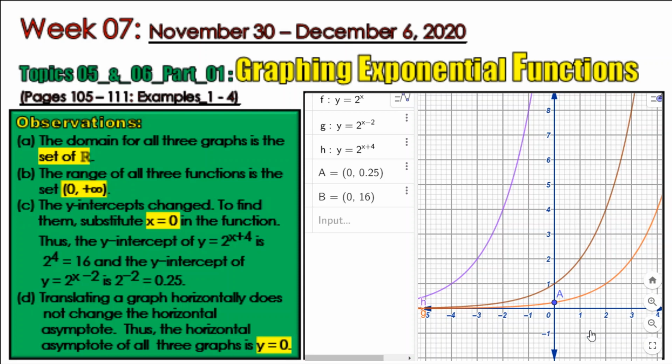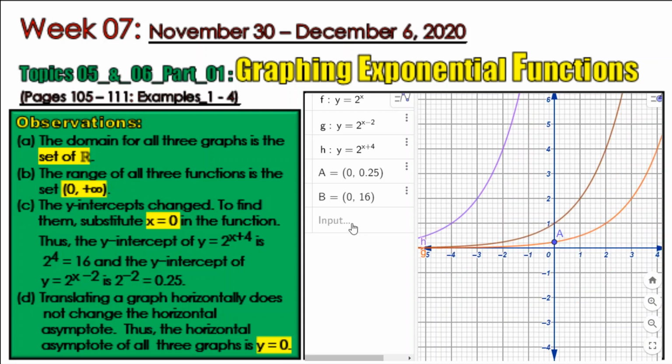So in this case, our horizontal asymptote is y is equal to 0. These 3 graphs would approach the line y is equal to 0 but will never intersect it, such that our horizontal asymptote is y is equal to 0.